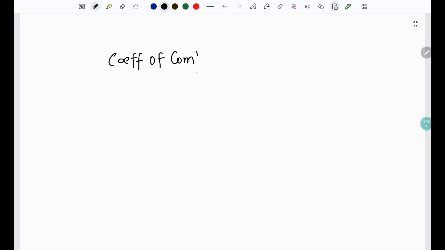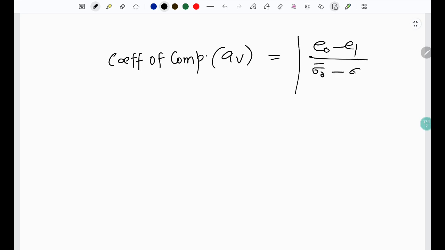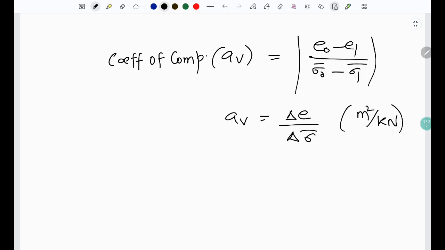Coefficient of compressibility is shown by AV, which is written as a modulus because otherwise the value will be negative, or we can write AV as delta E by delta sigma bar, which has units of meter square per kilonewton.